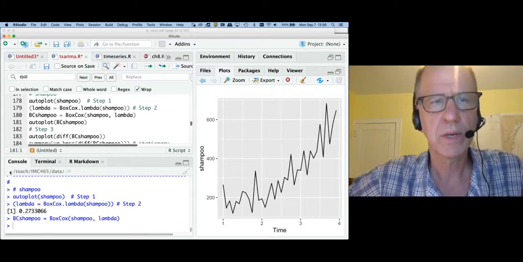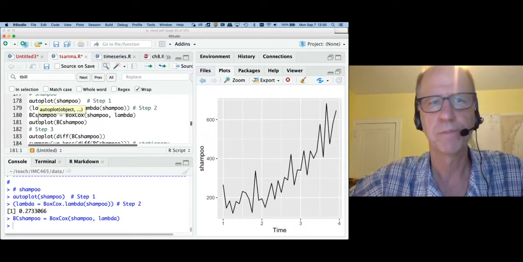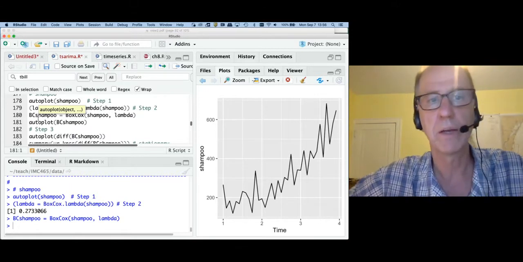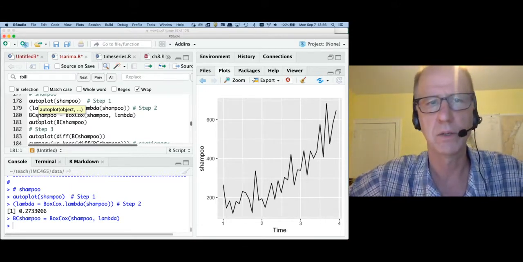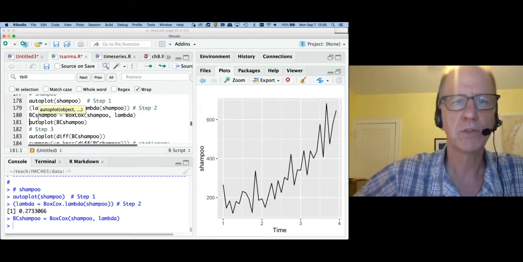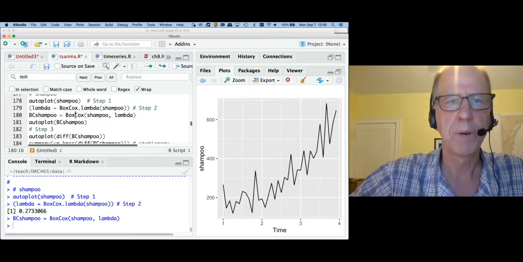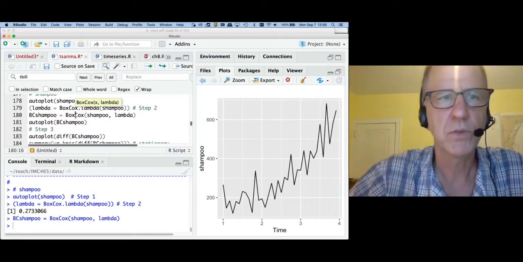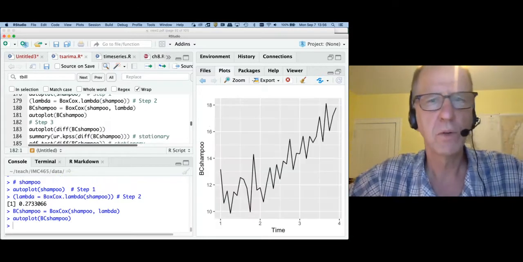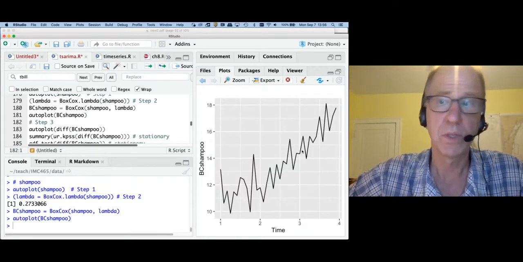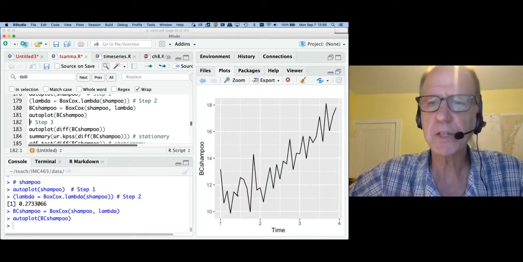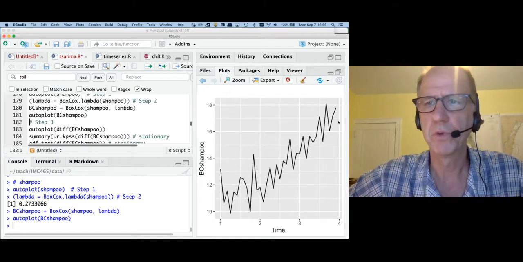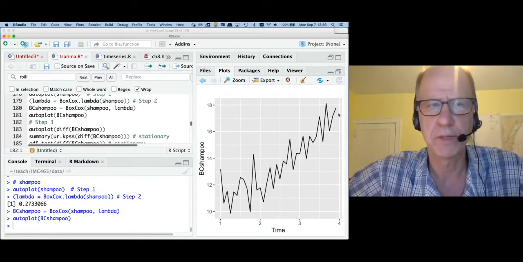I'm going to create a transformed version of this. Now, all of the modeling functions, ARIMA and Holt, will do the transformation for us, but I'm going to create a transformed version. And if we go look at our autoplot, what we see is that the exponential trend has been removed. Now I see more of a linear trend.